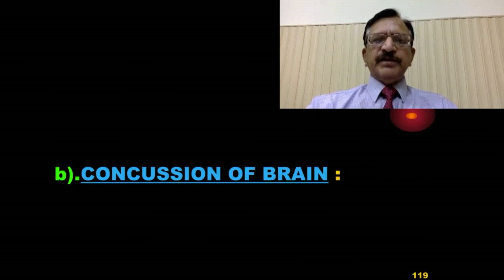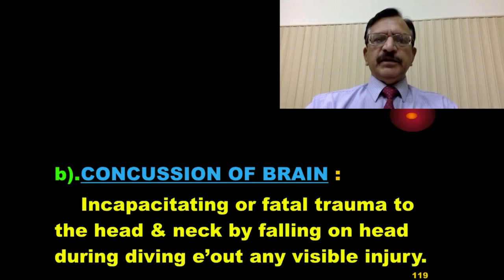Then concussion of the brain, that a person may fall and strike the head, and that will cause concussion of the brain. So without any visible injury on the outside, the person falling in the water and striking the head can have concussion of the brain.